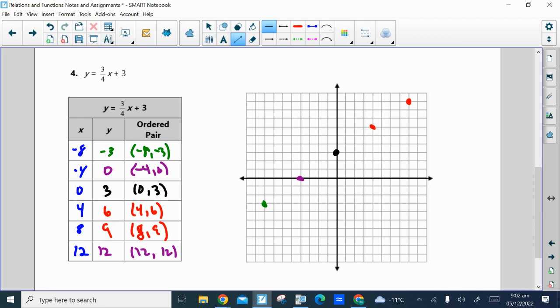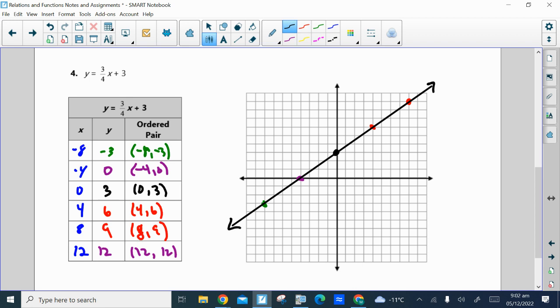All the points that I do have line up. So there's our graph. This one has a positive slope because as you go left to right, this line is rising.